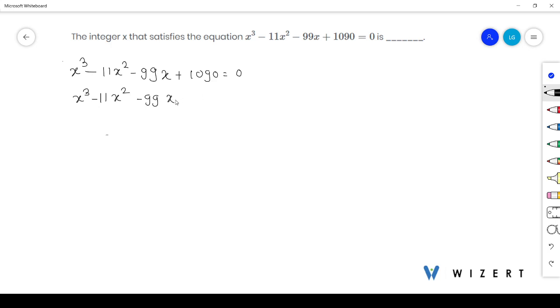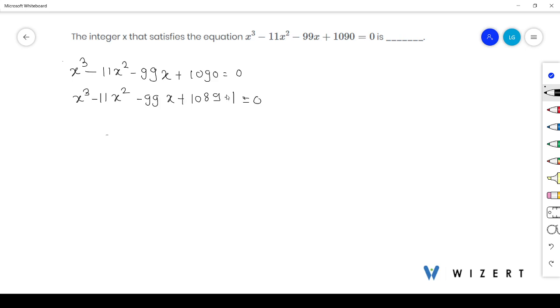Now, this 1090 can be written as 1089 plus 1.